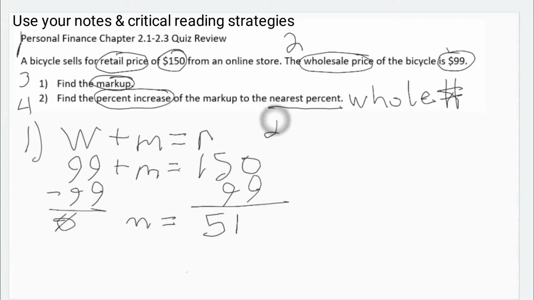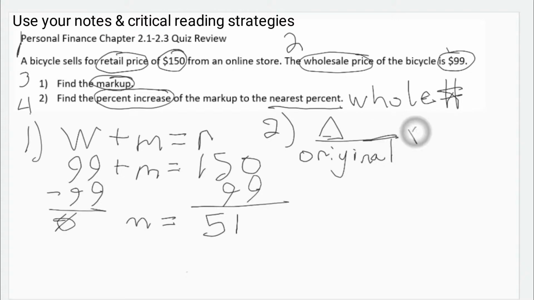Okay, and then we have to find the percent increase. So that's for number 2. Remember, that's going to be the change, so I'm using delta for change, over the original, times 100 to get the percent. So we're going to go ahead and put that in.